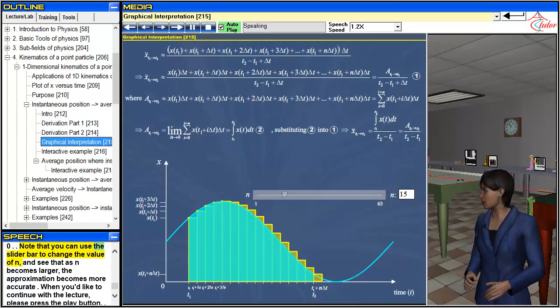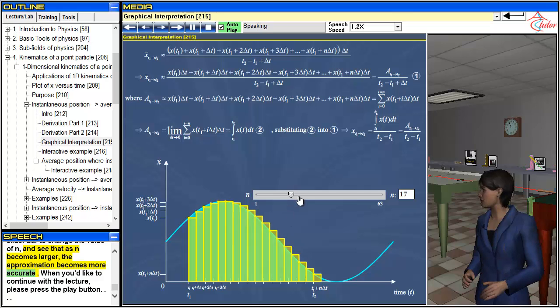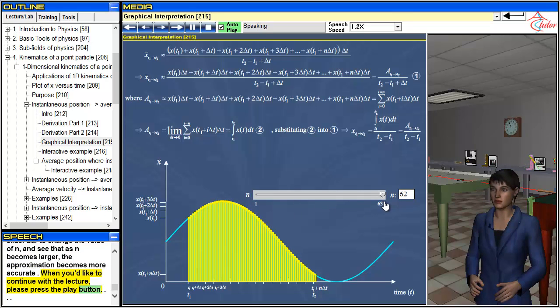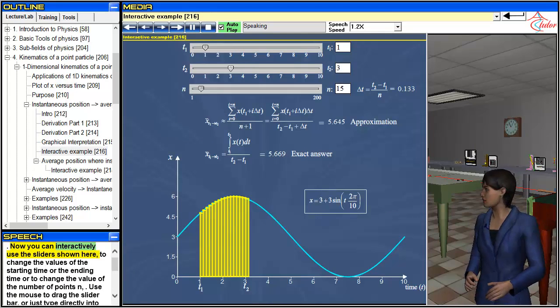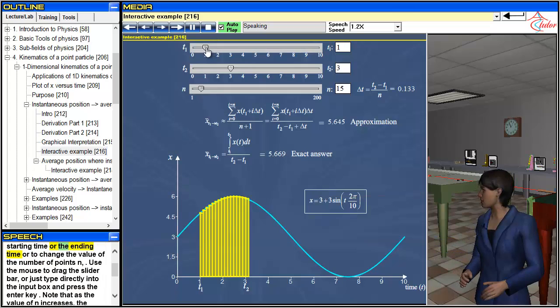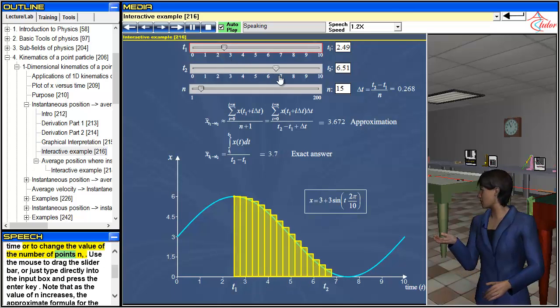Note that you can use the slider bar to change the value of n, and see that as n becomes larger, the approximation becomes more accurate. When you'd like to continue with the lecture, please press the play button. Now you can interactively use the sliders shown here to change the values of the starting time, or the ending time, or to change the value of the number of points n.